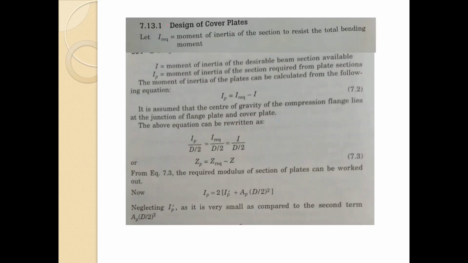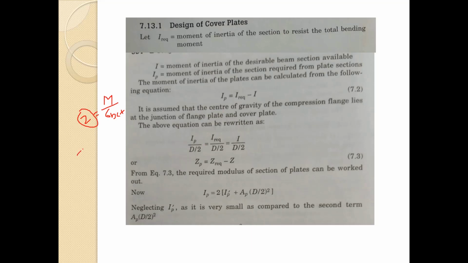Let I required be the moment of inertia of the section to resist the total bending moment. Suppose we need a bending moment of value M, and for that we calculate the required Z by sigma bc or sigma bt.